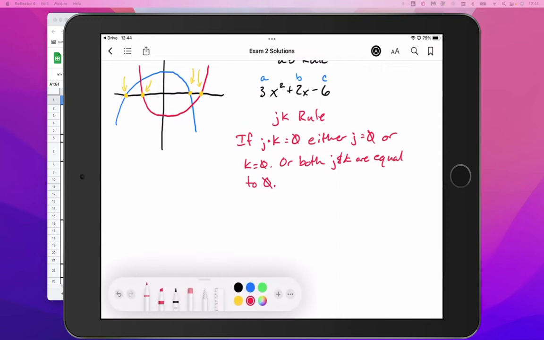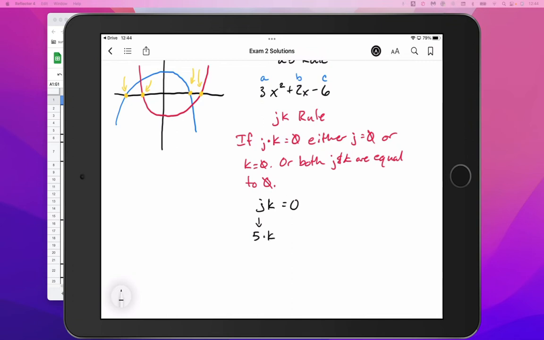So to start with, let's just have a quick understanding that if I had J times K equal to 0, and I assigned a value of 5 to J, and I was multiplying that by K, and it was equal to 0, we can see that K would have to be 0. That's the only number that would make 5 times K true.